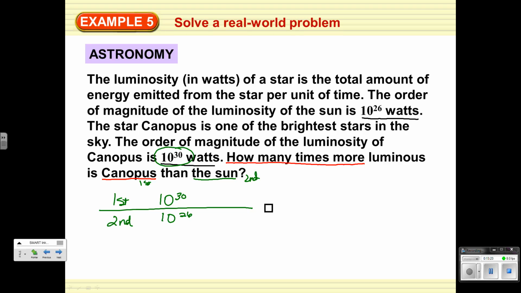And then I'm going to divide this out. 10 to the 30th divided by 10 to the 26th, well, my base is 10. And 30 minus 26 is 4, leaving me with either 10 to the 4th or 10,000 times more luminous.